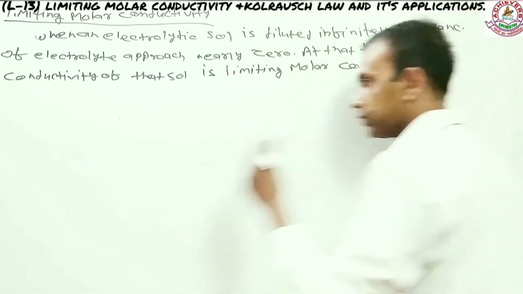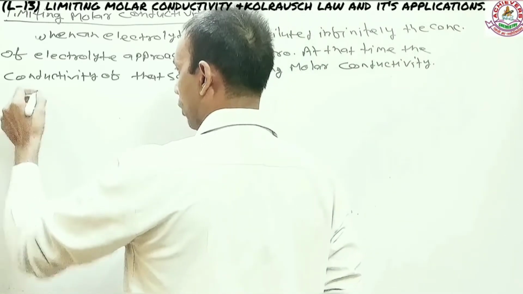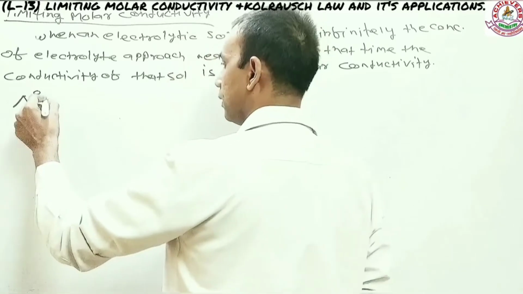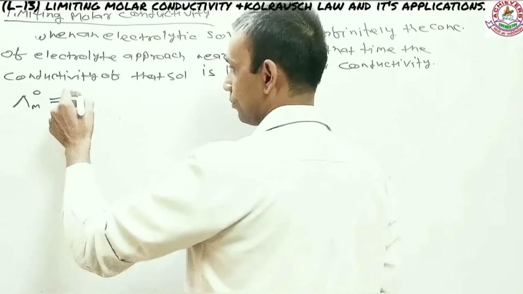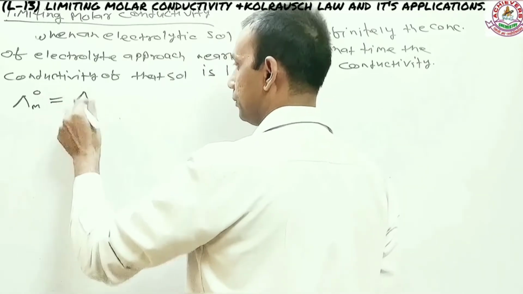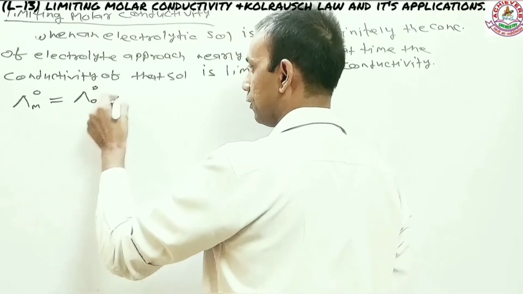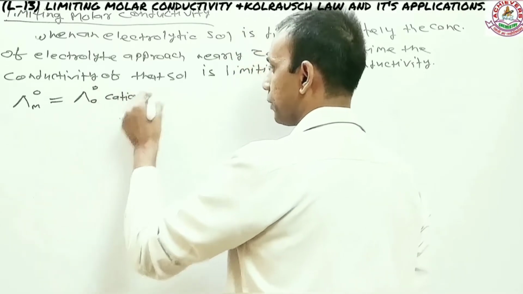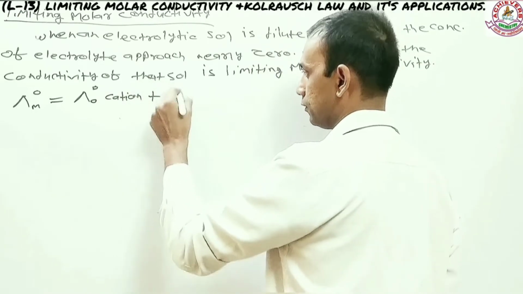This is represented by lambda naught, the symbol of limiting molar conductivity, and it is equal to the limiting molar conductivity of cation plus the limiting molar conductivity of anions.